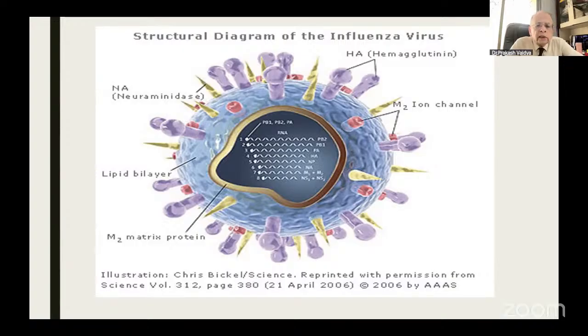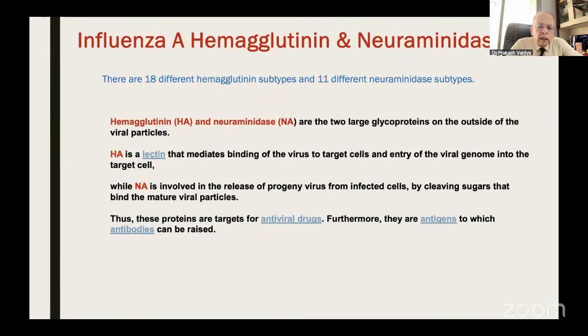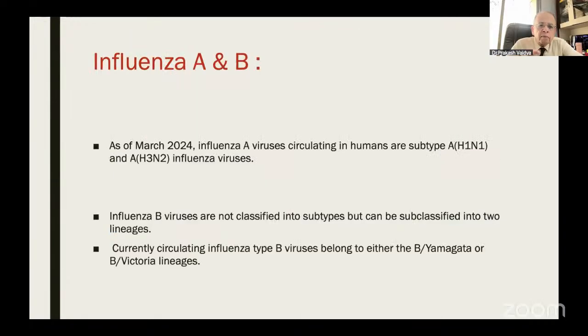Now, these 2 proteins have a big role in that HA allows the virus to bind to the cell, and NA permits the virion particles to exit the cell. So both these points of entry and exit can be attacked by antiviral drugs as well as by antibodies which can be generated against these specific moieties. So these proteins are targets for both antiviral drugs and antigens to which antibodies can be raised.